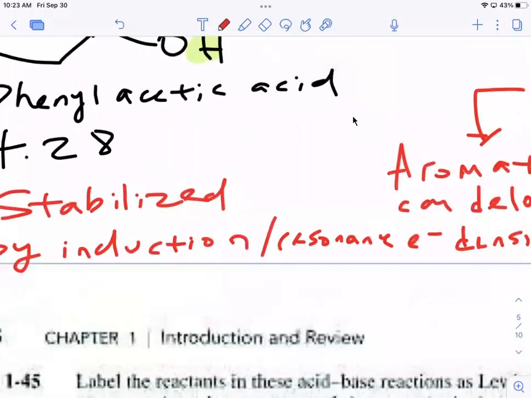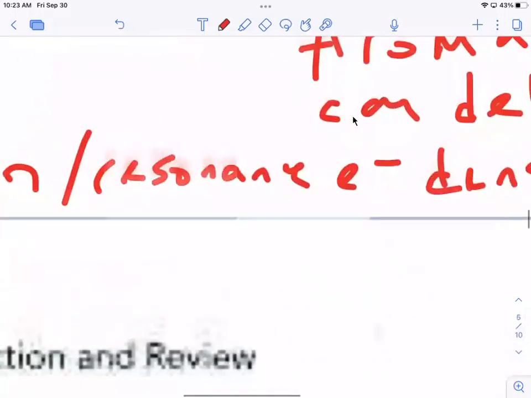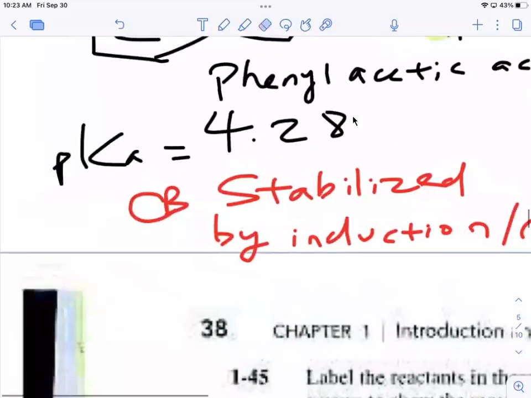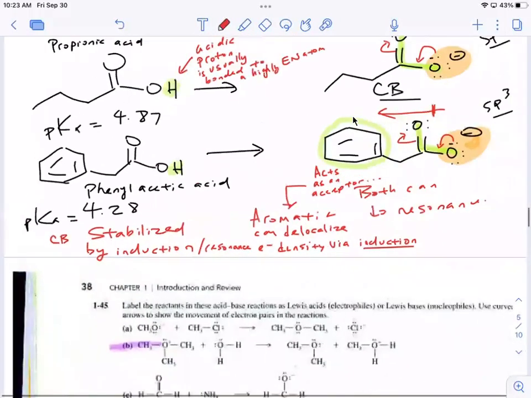That's how we explain the difference in acidity. Even if it's a small difference, like going from 4.28 to 4.87. Small difference, yes, but on a molecular level, that's a lot, right? That's how we explain it, because the conjugate base is stabilized through both resonance and induction.